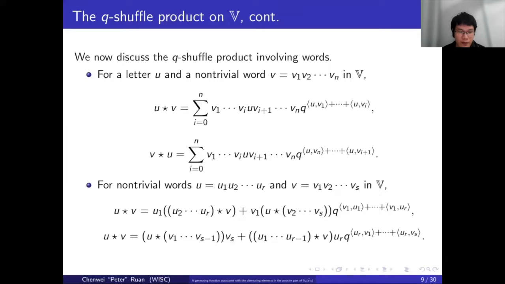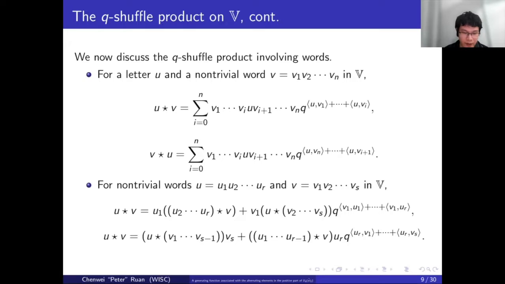For a vector u and a non-trivial word v, u star v is given as follows, and v star u is given as follows. We can see that, for example, in u star v, in the resulting linear combination, each word is obtained by shuffling u past some v_i, and the corresponding coefficient is generated by how u is shuffled past v1, v2, up to v_i. And similarly for v star u.